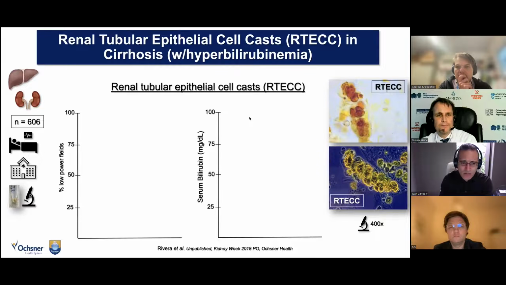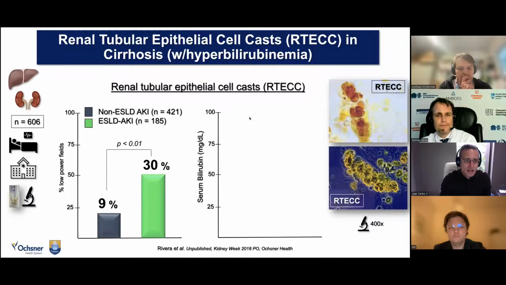One of the initial observations we had is that when we looked at a cohort of 606 patients that had urinary microscopy performed, we separated those with AKI due to cirrhosis, 185 patients, versus those without cirrhosis, 421 patients. And you can see a remarkable difference in the percentage of patients with renal tubular epithelial cell casts.